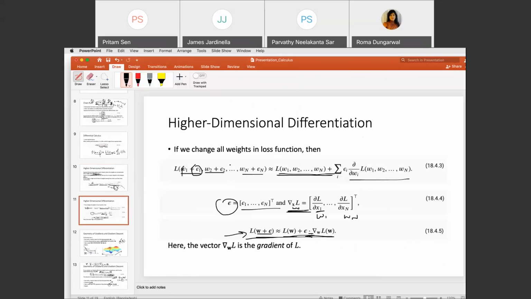And if we make a change in all the parameters, in that case, the change in the loss function is the differentiation of the loss function with respect to each parameter, multiplied by each change. So in vectorized form, we can present it like this: the change vector dot product with the gradient, because the partial differentiation with respect to all parameters is called the gradient.